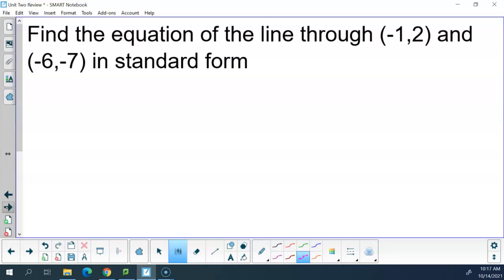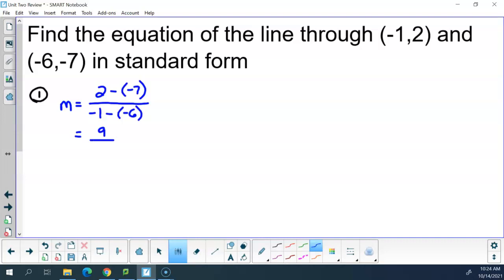Next example: find the equation of the line through those 2 points, this time in standard form. The first step says we have to find the slope. Always find the slope first. So my slope is going to be 2 minus negative 7 all over negative 1 minus negative 6. 2 minus negative 7 is like 2 plus 7, which is 9.